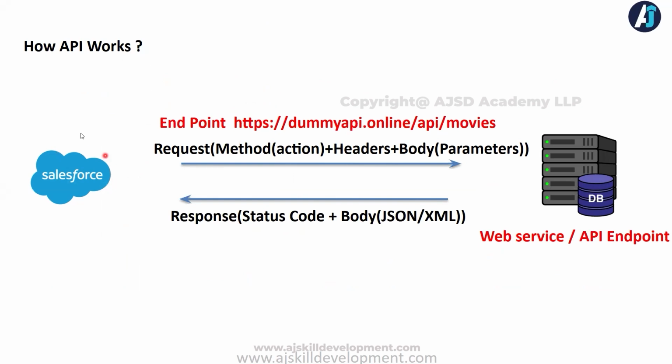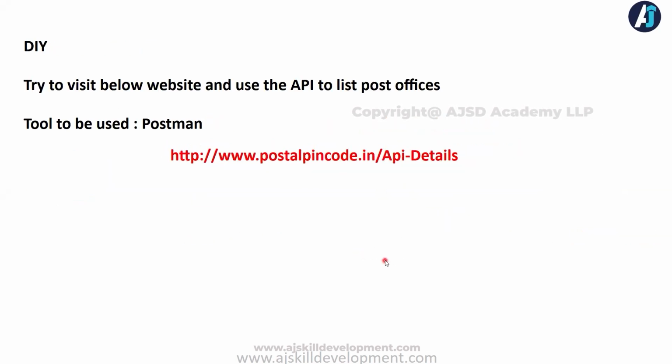Instead of Salesforce, we have used Postman here. In the next video, we will be replacing Postman with Salesforce. It means that from Salesforce, we will be sending a request. The request consists of the method, if required headers, if required body, and then the endpoint will send the response back along with the status code and the data in JSON format.